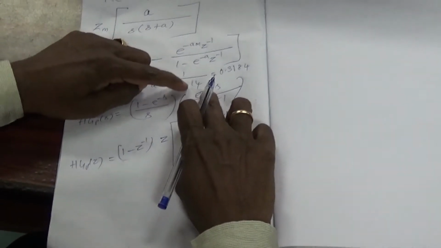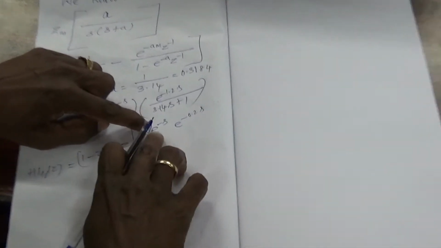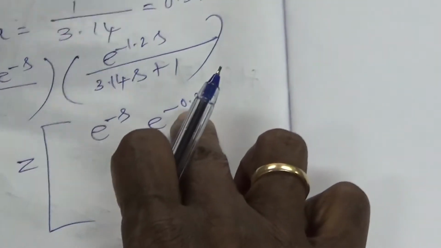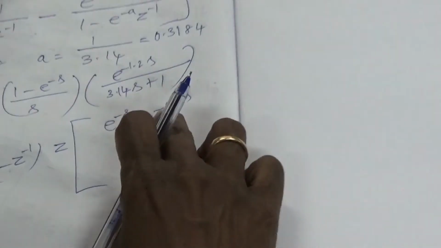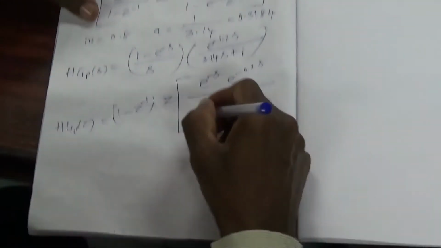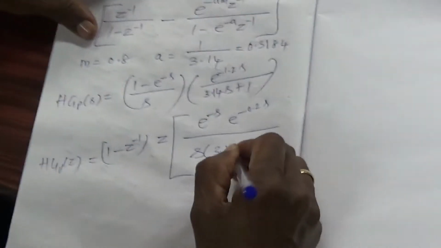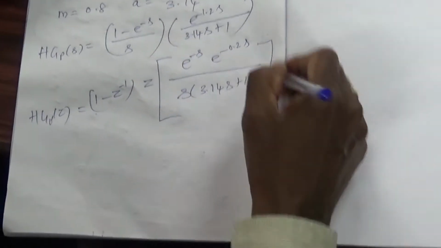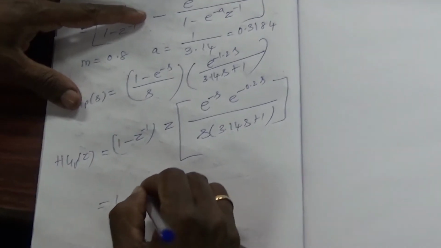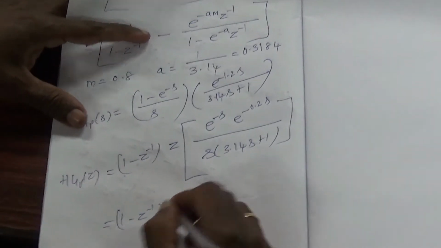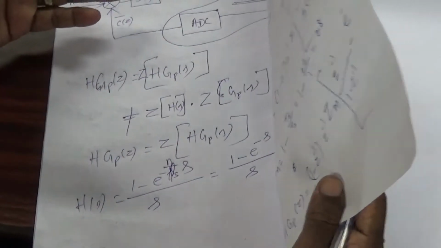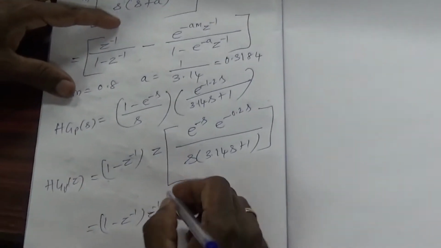We are separating this into two parts. One is an integral multiple of the sampling period, and the other part is less than the sampling period, that is e power minus 0.2 s upon s multiplied by 3.14 s plus 1. So this also can be taken outside, therefore 1 minus z power minus 1, z power minus 1.